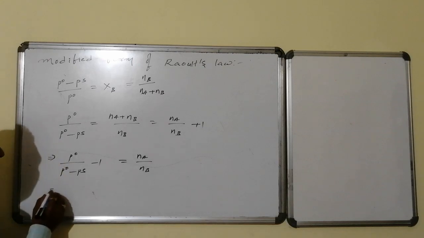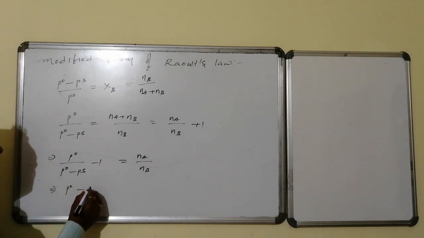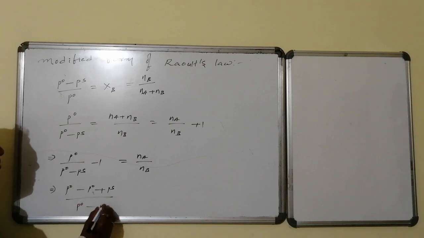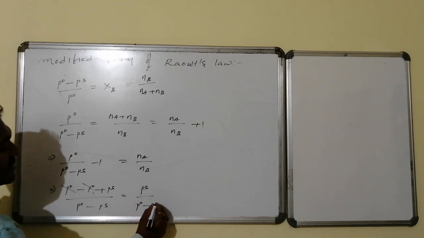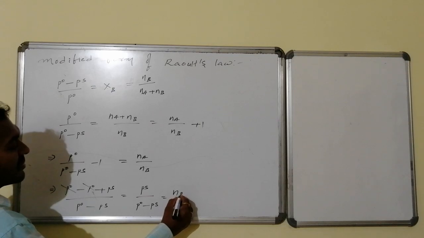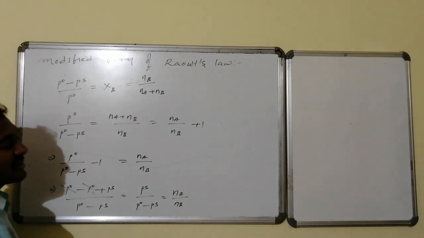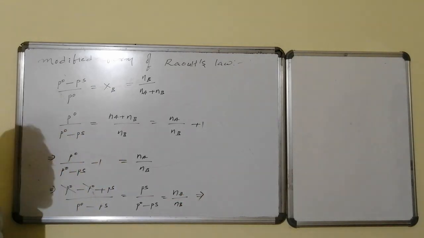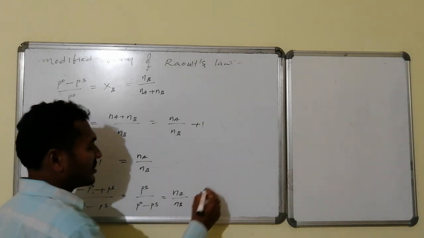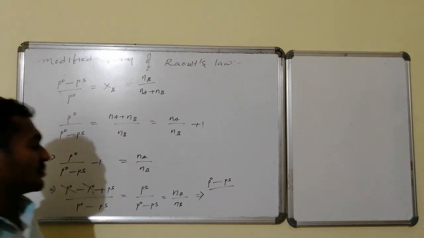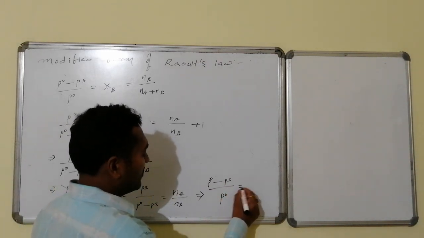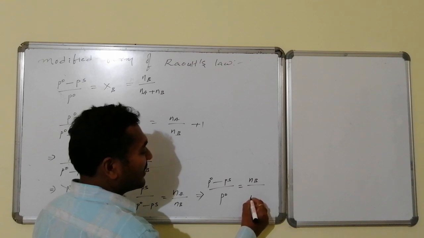This term becomes (P0 − P0 + Ps)/(P0 − Ps), and the P0 terms cancel one another, so Ps/(P0 − Ps) = Na/Nb. Taking the reciprocal once again, we get the relation (P0 − Ps)/Ps = Nb/Na.